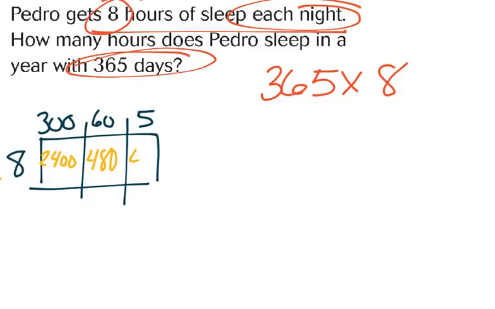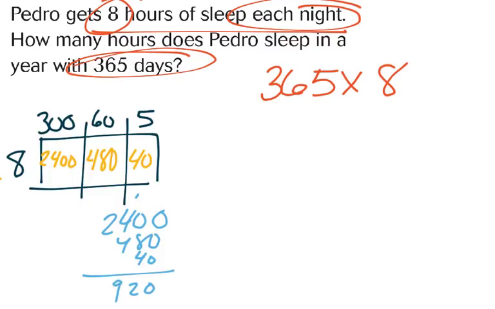And then 8 times 5 is 40. And I'm going to add all those pieces together. 2,400 plus 480 plus 40, 0, 2, carry my 1, 9, 2. Okay, so I got 2,920.